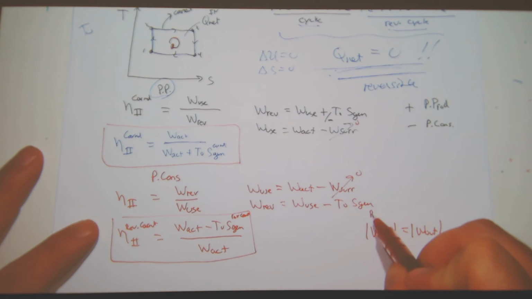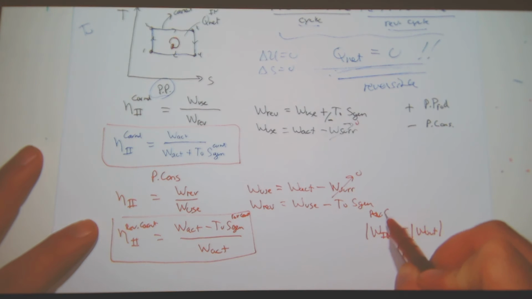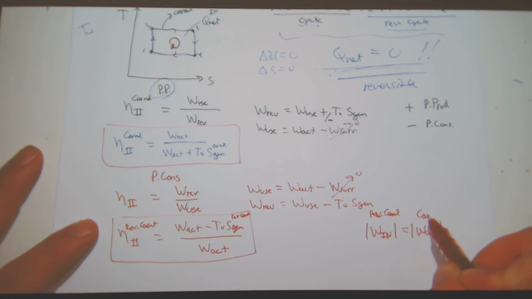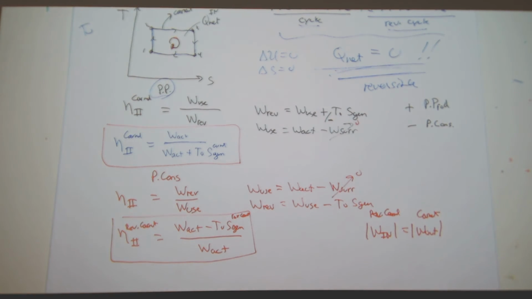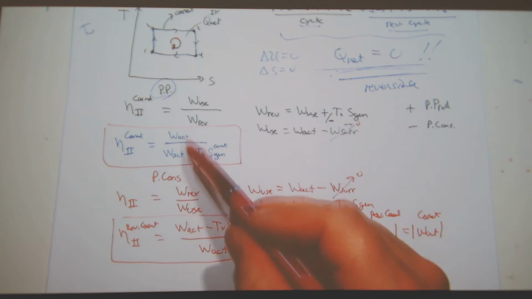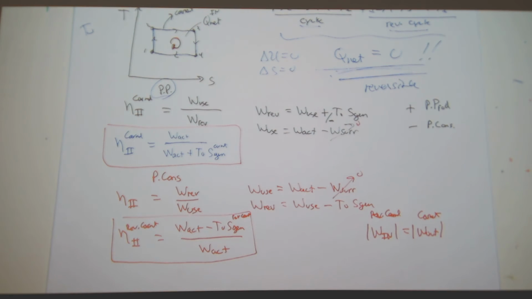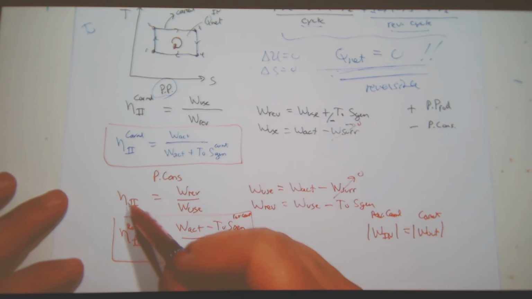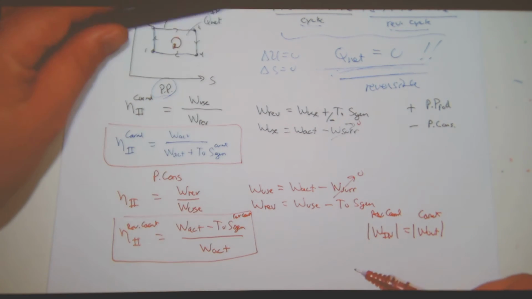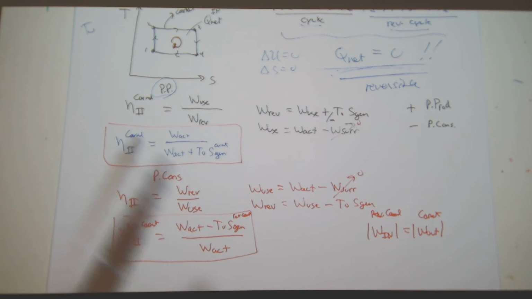The work in was for the reversed Carnot, and this is the standard Carnot. So I could just plug in W's for the actuals. They're all the same. So let's just do the algebra.